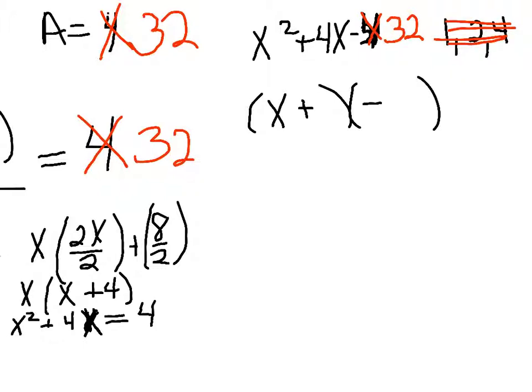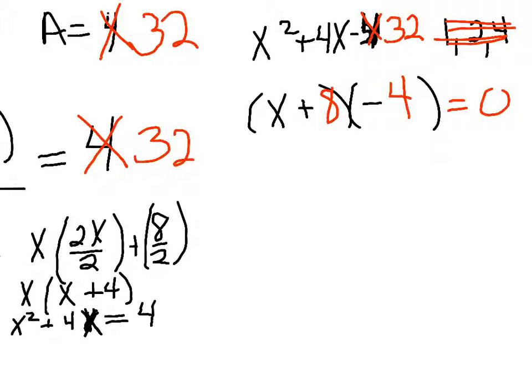Okay, what two numbers multiply together to get 32, but then when you subtract them, you get 4? That would be 8 and 4. So my big number has to go with my positive, 8. My small number with my negative, 4. So all that's going to equal 0.